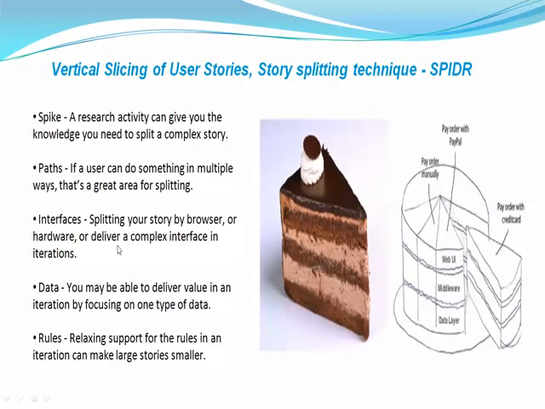So based on the rules, you can divide. For example, I'm just telling you, there may be one rule that the customer should be able to view this particular hyperlink in this way. In the same way, they may have multiple rules, right? So based upon the rules also, you can divide the user stories.